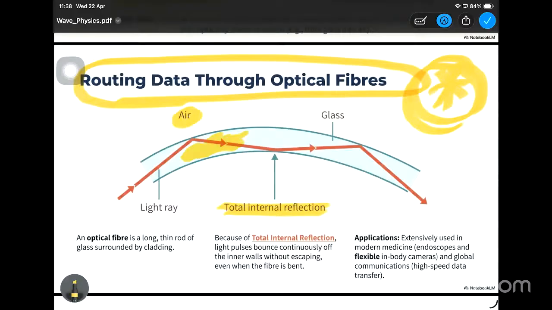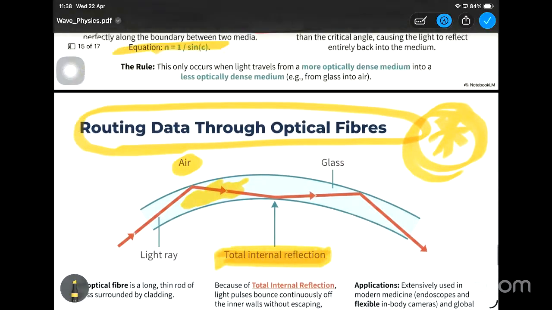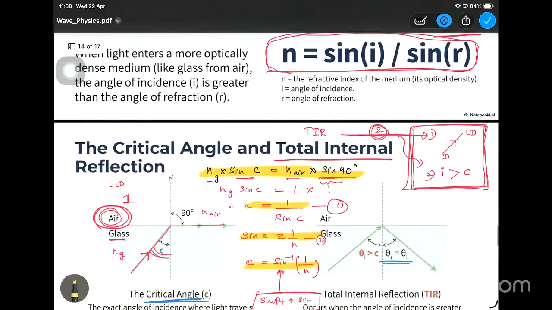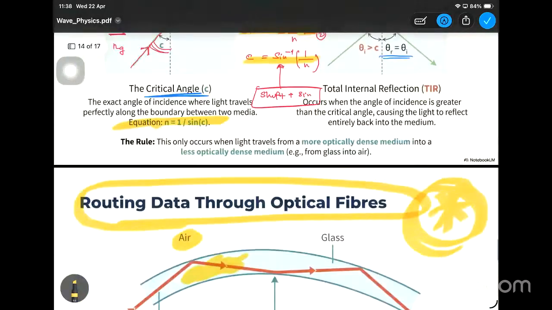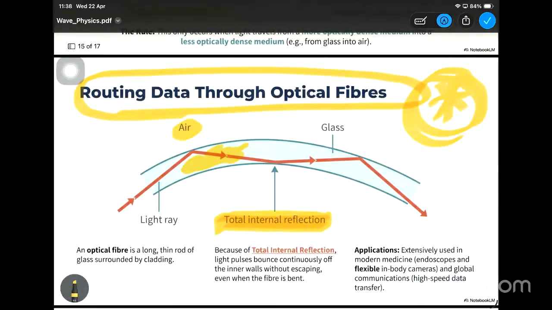So which means the factors affecting the total internal reflection have been fulfilled, right? You need to have the light ray traveling from denser medium to low dense medium, right? Denser medium to low dense medium. So therefore, until it exits through the fiber line, it travels like this, right?